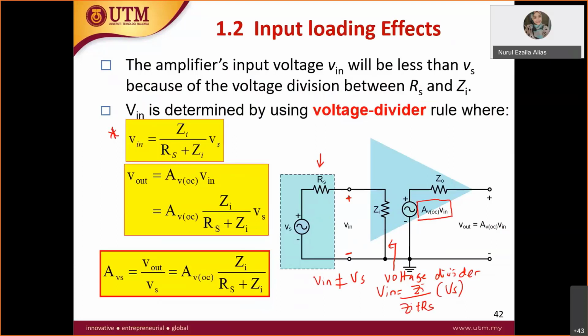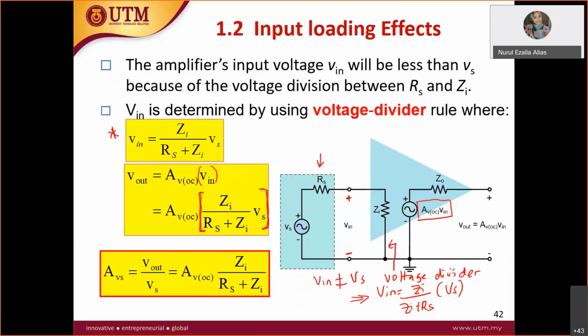Now you already have your V in in terms of Z in and Vs. If you plug in the equation, this part V in is equal to this portion. Therefore V out is equal to AVOC times Z in over Rs plus Z in times Vs. So you get that portion.